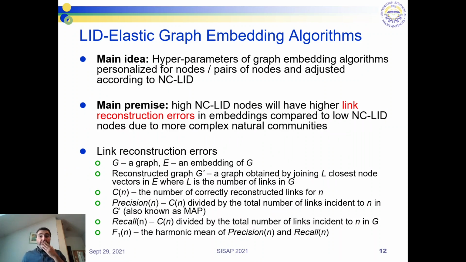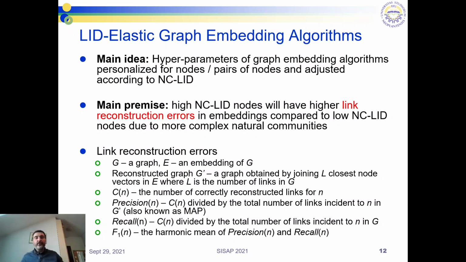So what we want to do now that we have this is to produce better graph embedding algorithms by personalizing them. That is, adjusting what they do for certain nodes or pairs of nodes, depending on the NCLID measure.